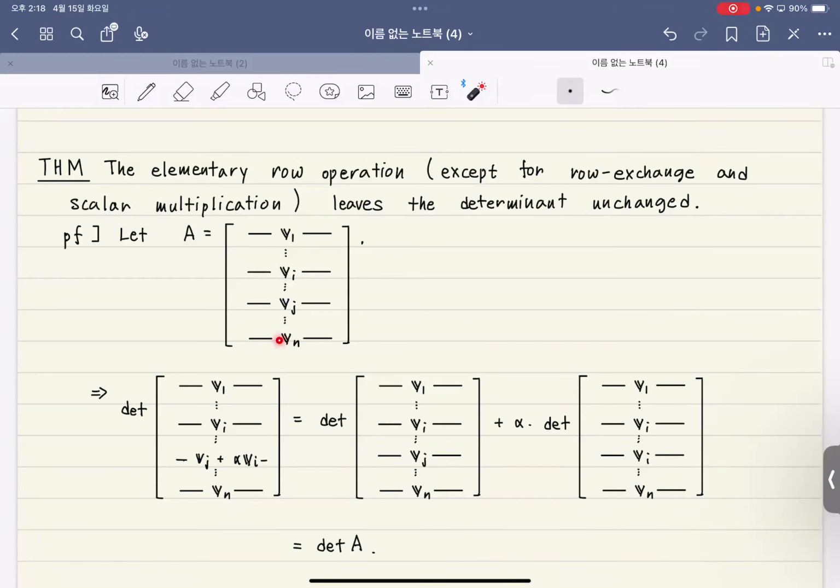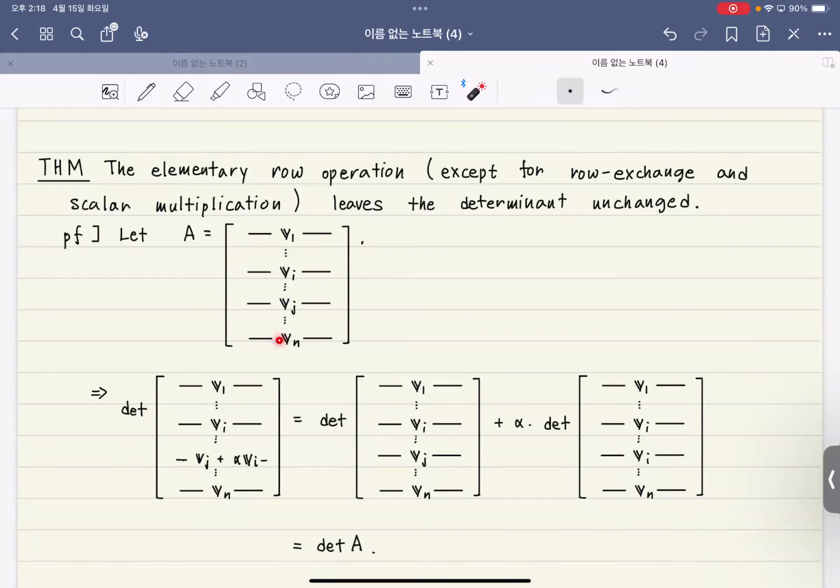Say this is my original matrix A. Here I have applied the elementary operation to these two rows. In fact, I have multiplied a number alpha to the ith row vector and added it to the jth row, which is precisely this.